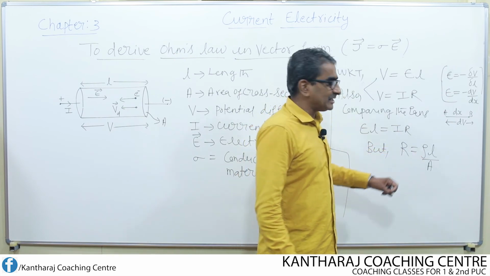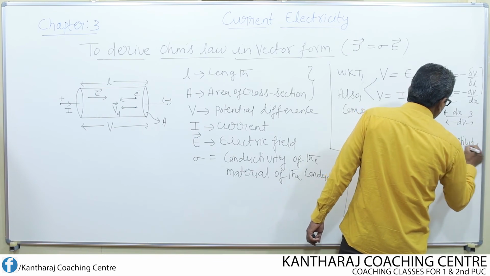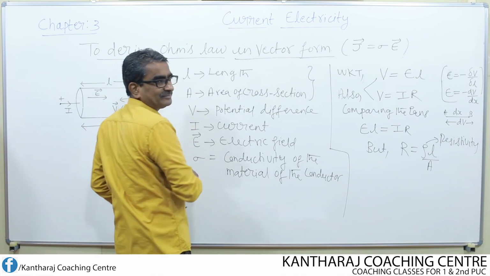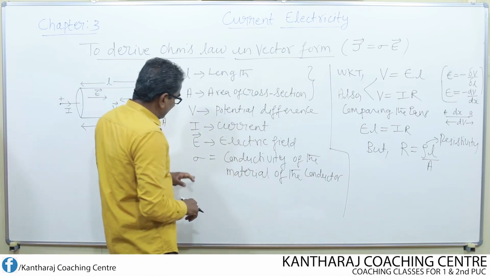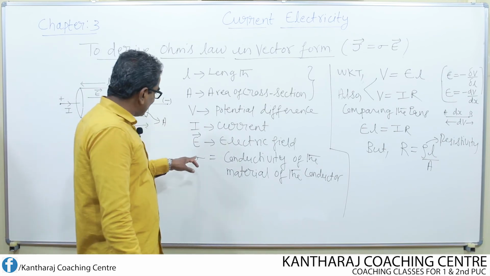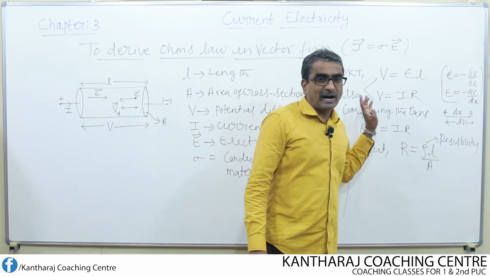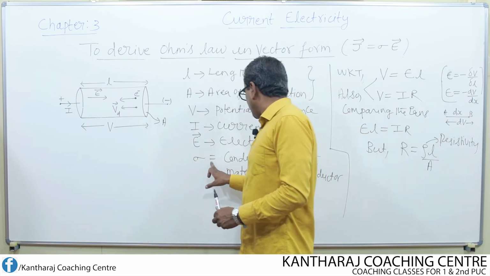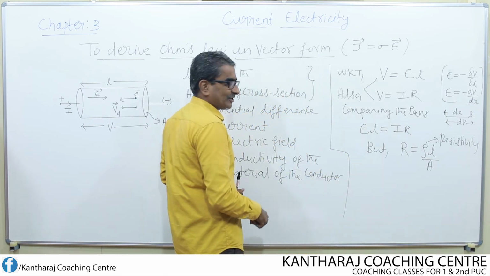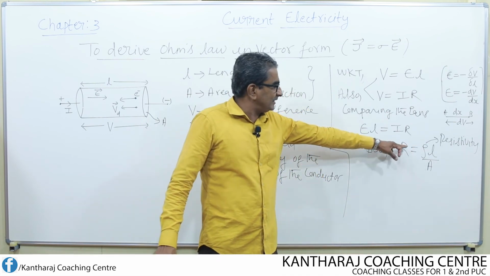This is rho, which is the resistivity or specific resistance of the material of the conductor, whereas sigma is the conductivity. Conductivity and resistivity are opposite to each other. Resistivity means opposing the flow of current; conductivity means allowing the current to flow. Therefore, these two are the reverse process.